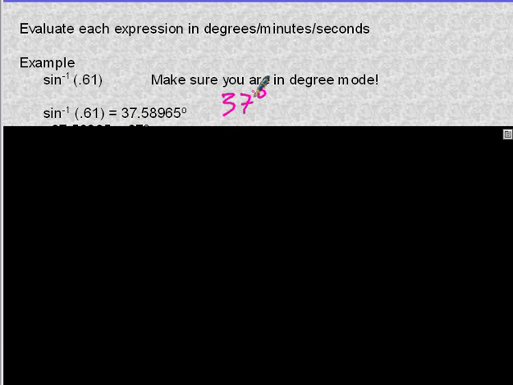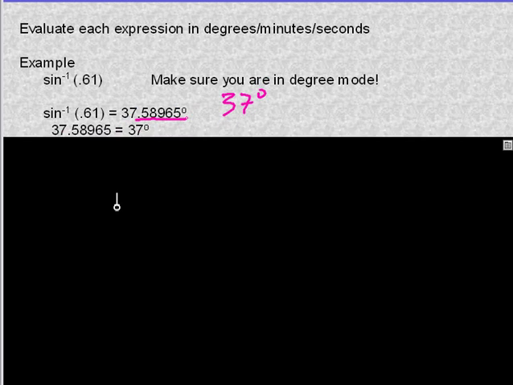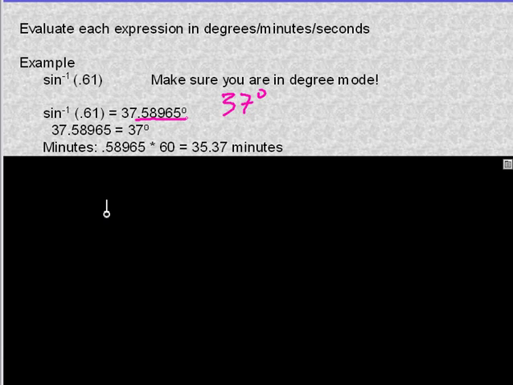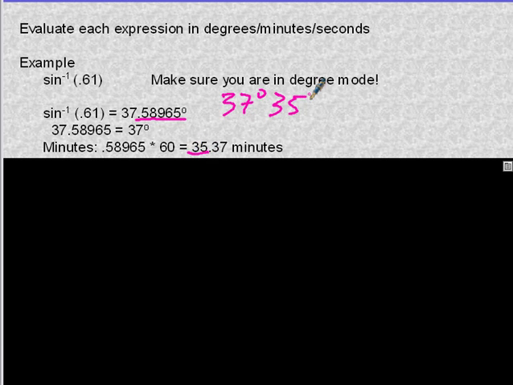How are we going to find the minutes and seconds? We're going to take the decimal part and multiply that by 60 to get our minutes, and it's going to be 35.37 minutes. In this case, we take the part before the decimal, and that's going to be our minutes.